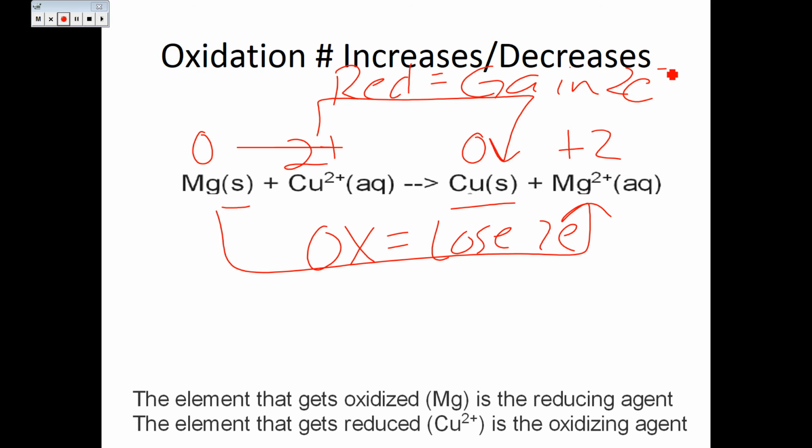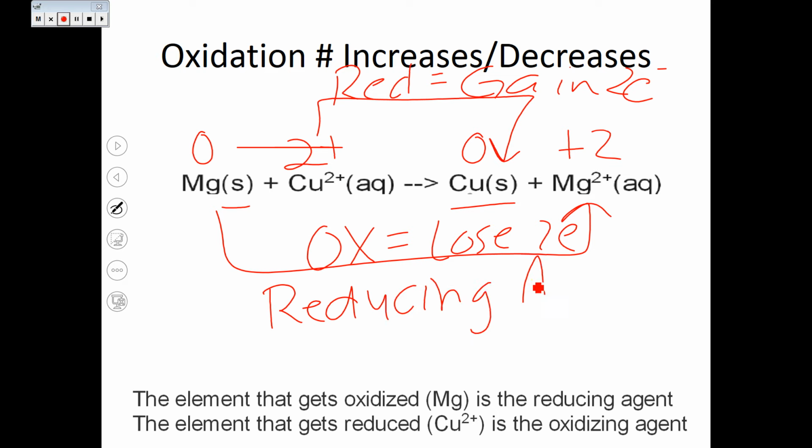lost. One other thing to add, a little vocabulary, is that now we have something called a reducing agent and an oxidizing agent. It's very easy, but a little confusing because it's opposite. The element that gets oxidized is magnesium. We call the magnesium, though, the reducing agent.